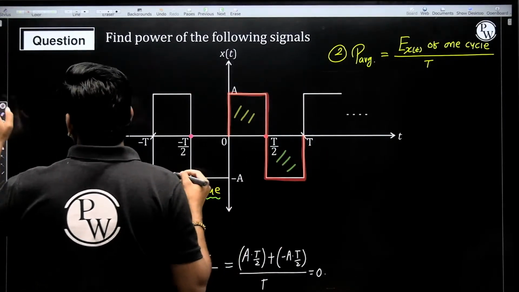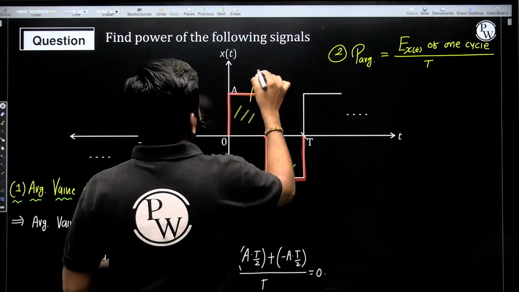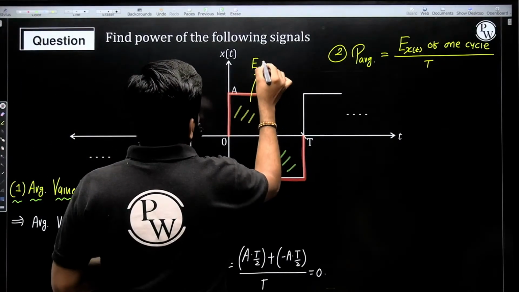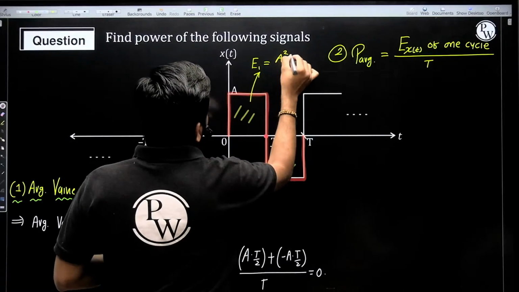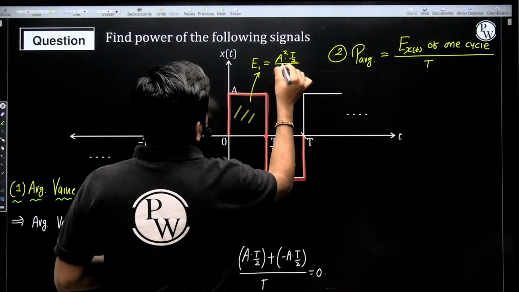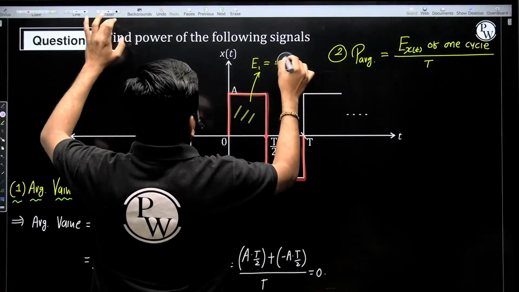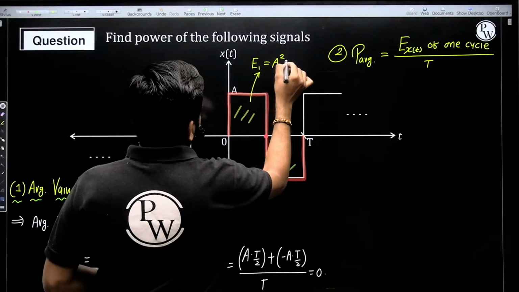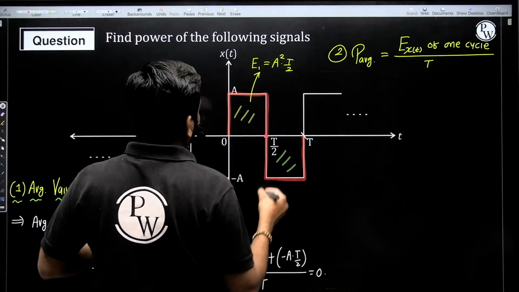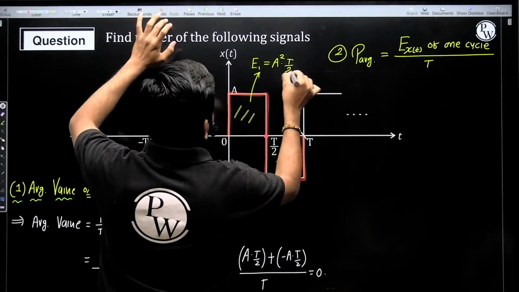You have to find the energy of this one cycle. The energy of this rectangular pulse is A square into width, which is T by 2.